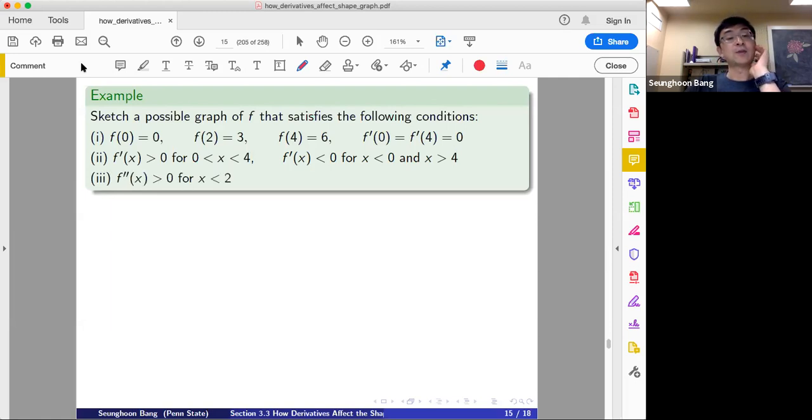The second derivative is positive for x less than 2. The second derivative is less than 0 for x greater than 2.